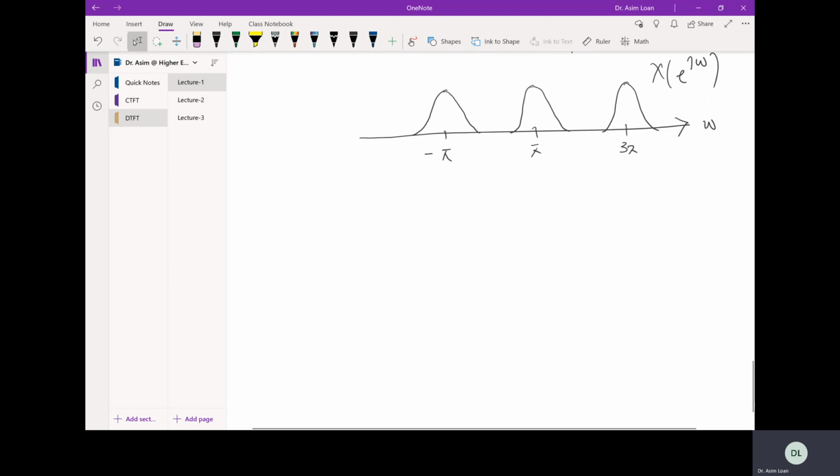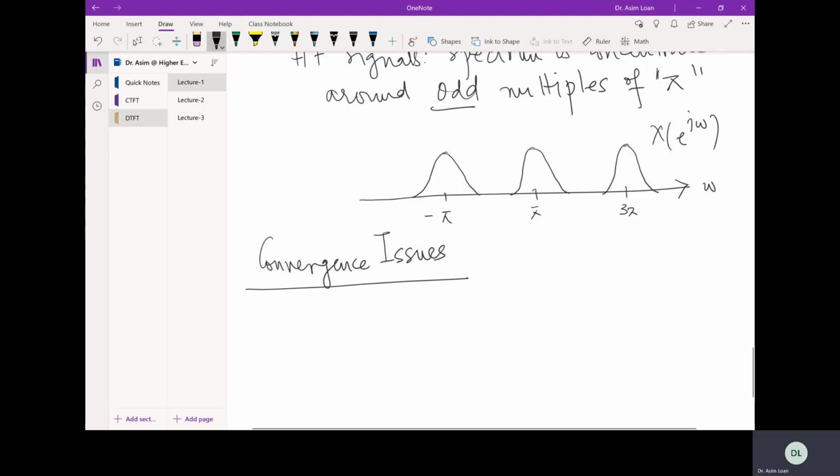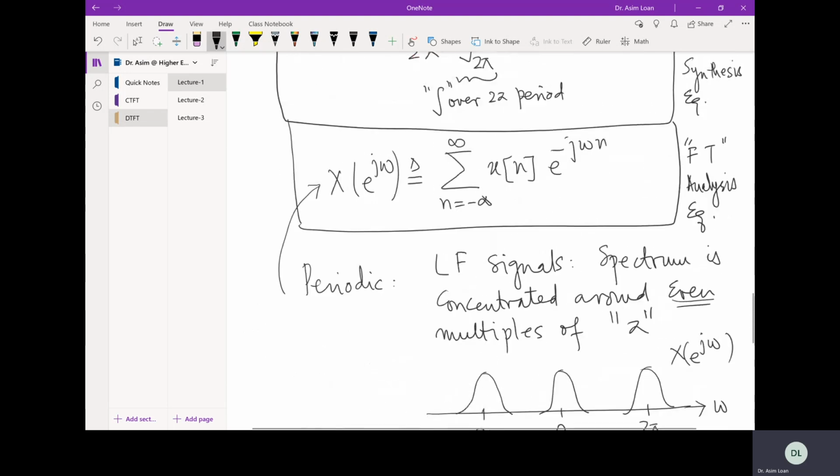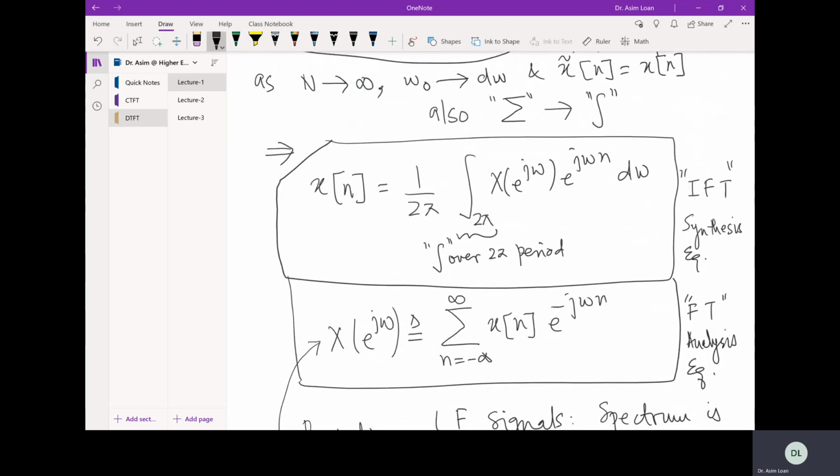What about convergence issues? If we look at x tilde of n, it is over 2 pi, not over minus infinity to plus infinity.